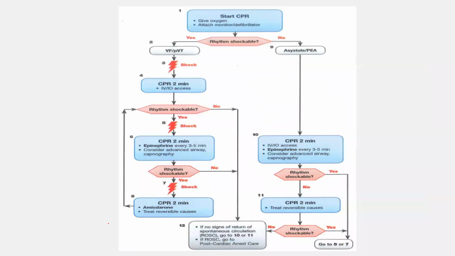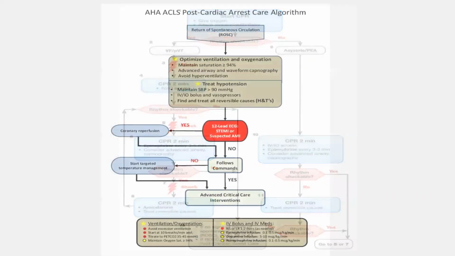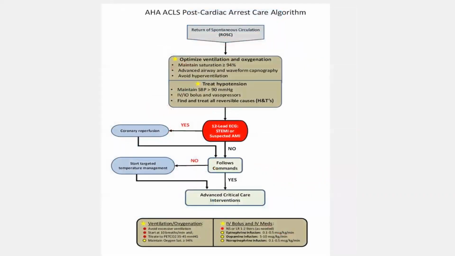So when we resuscitate somebody, it is at this juncture that I would like to talk a little bit about what happens if the patient responds, or if we now have a patient that returns back to a viable rhythm. So we are now going to an algorithm called the post-cardiac arrest care algorithm.